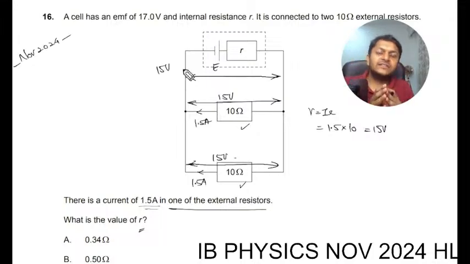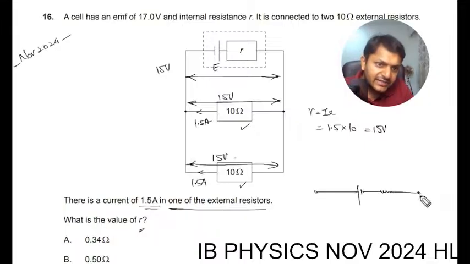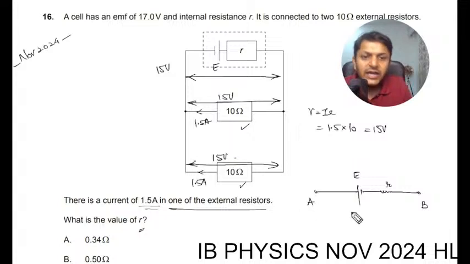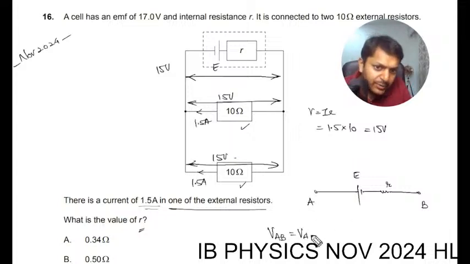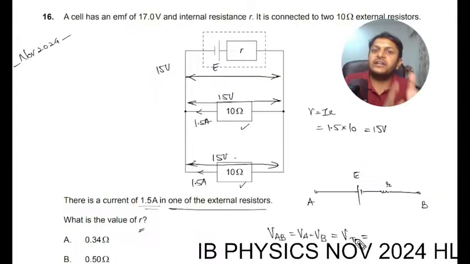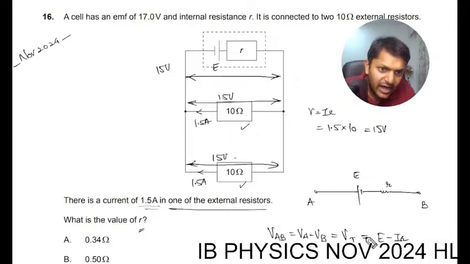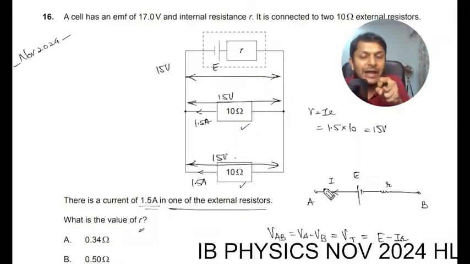Now, how is the terminal potential difference defined? Terminal potential difference is defined like this. This is the battery, this is the resistor, internal resistance R, this is EMF E, this point is A, this point is B. The potential difference across A and B, meaning VA minus VB, is known as terminal potential difference, and the formula for that is E minus IR if current is withdrawn from the battery.